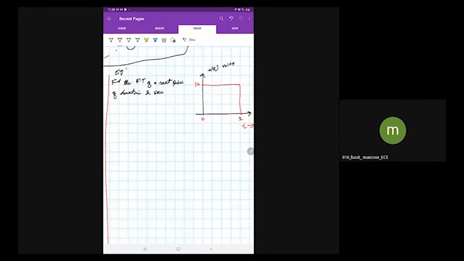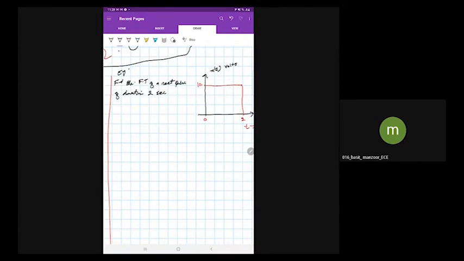In your examination, the figure may not be given, only the question will be mentioned. You have to decode that and translate it into a figure. So it will be written: find the Fourier transform of a rectangular pulse of duration 2 seconds and having a magnitude of 10 volts. So we can now draw the figure out of this question.